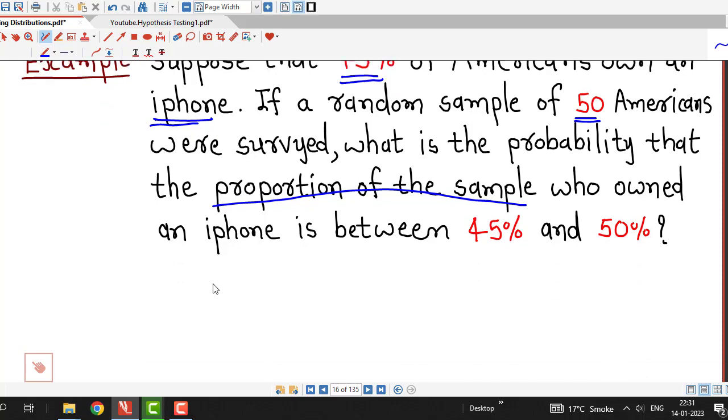If we denote the sample proportion by p hat, then we have to find the probability that p hat is between 45%, that is 0.45, and 50%, that is 0.50. Okay, fine.